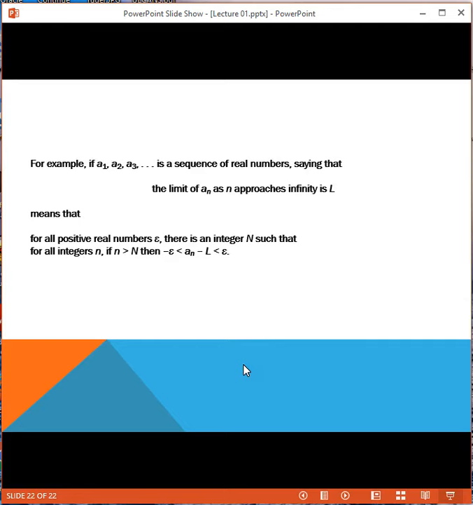So here, for example, if we look at the limit as it was used in calculus, we can say that for a sequence of real numbers, the limit of a_n as n approaches infinity is L means that for all positive real numbers epsilon, there is an integer N such that for all integers n, if n is greater than N, then a_n minus the limit that we're looking at is between a boundary of minus epsilon and epsilon.